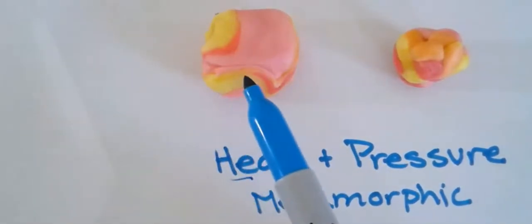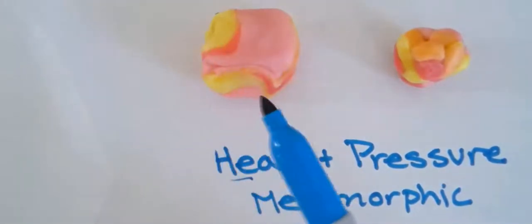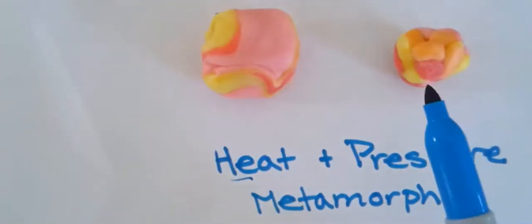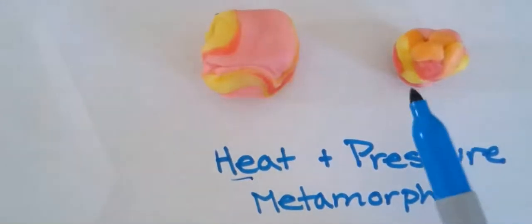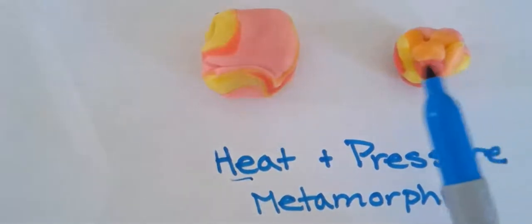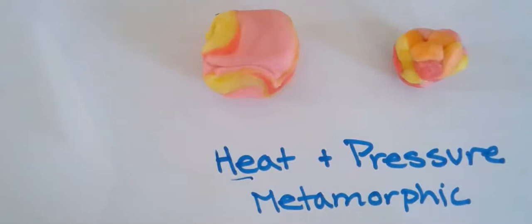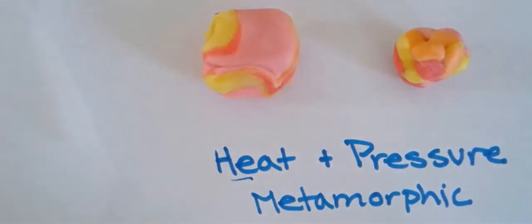So look what happened. Those nice layers that we had are now sort of twisty, right? That looks a little bit like gneiss. And over here, our conglomerate kind of got smashed together, and we have these large crystals, which might be some other type of metamorphic rock. So heat and pressure have changed these from sedimentary into metamorphic rock.